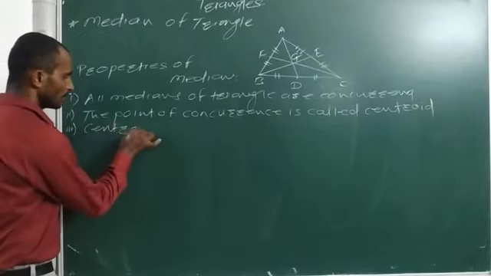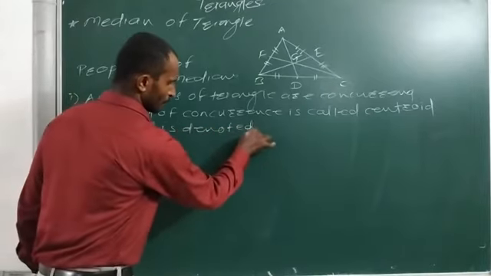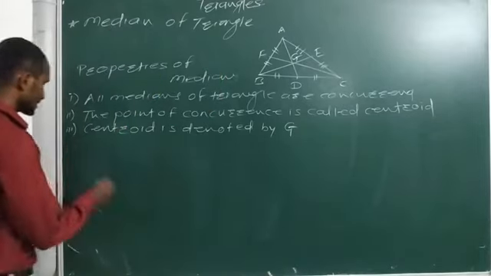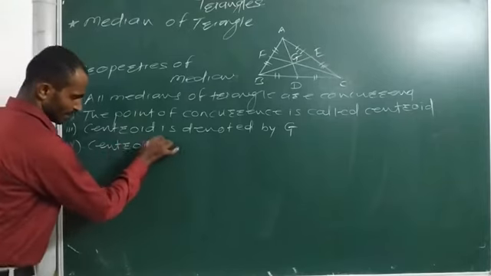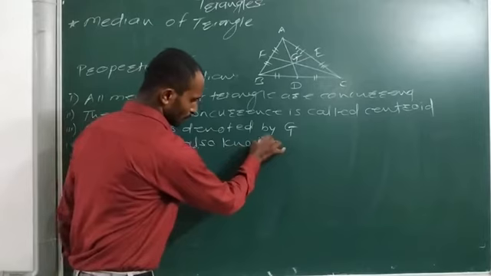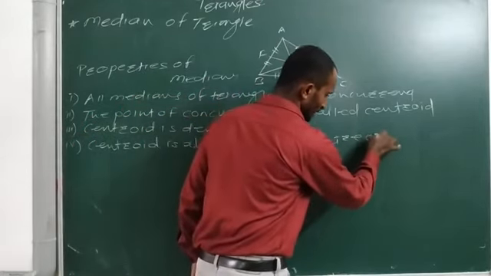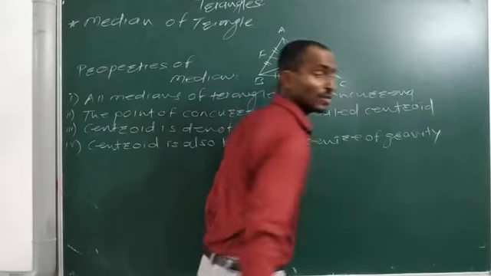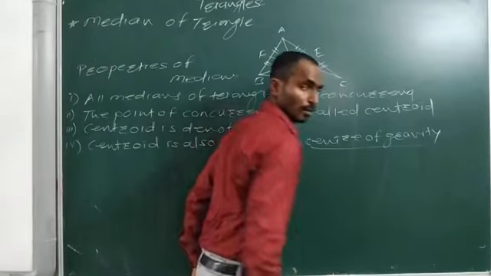Next, third one, centroid is denoted by capital G. Next, centroid is also known as center of gravity, the center of gravity for any triangular lamina. You must focus on this point.